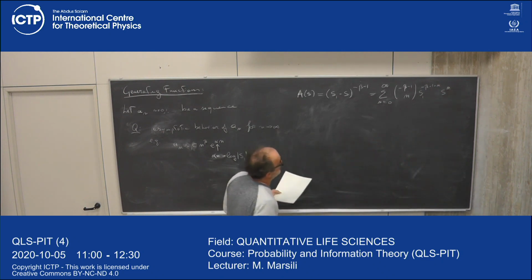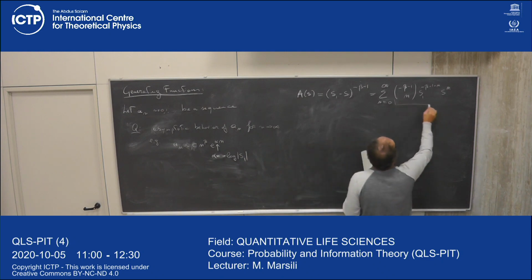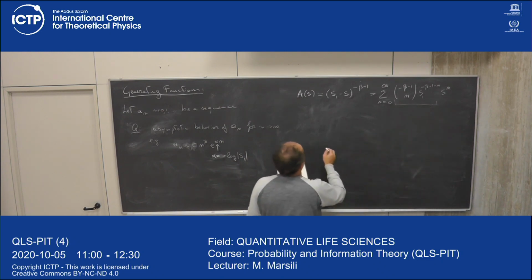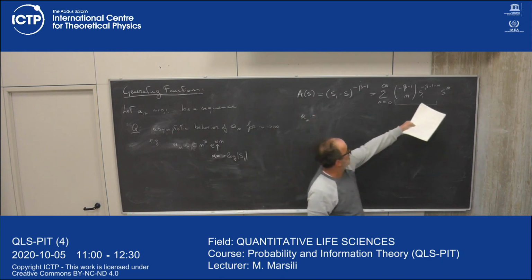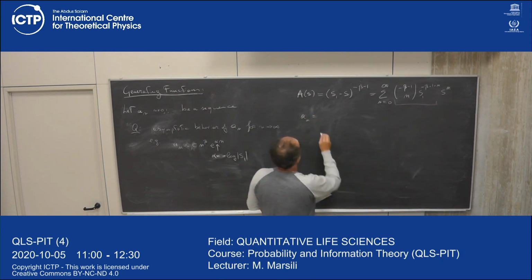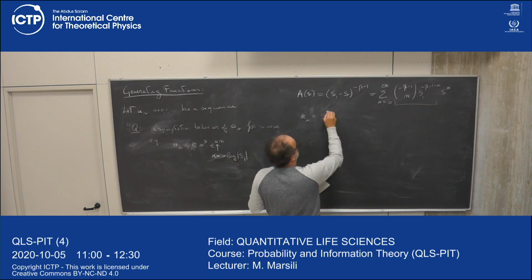Okay? So from this you immediately read what an is. So an is just S1 to the minus beta minus 1 minus n.